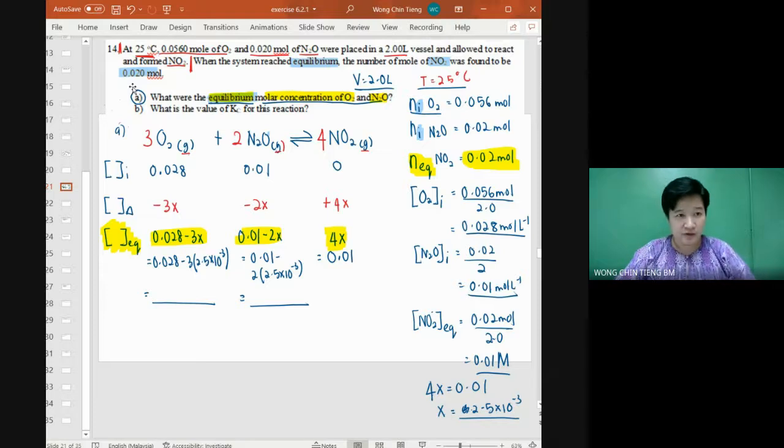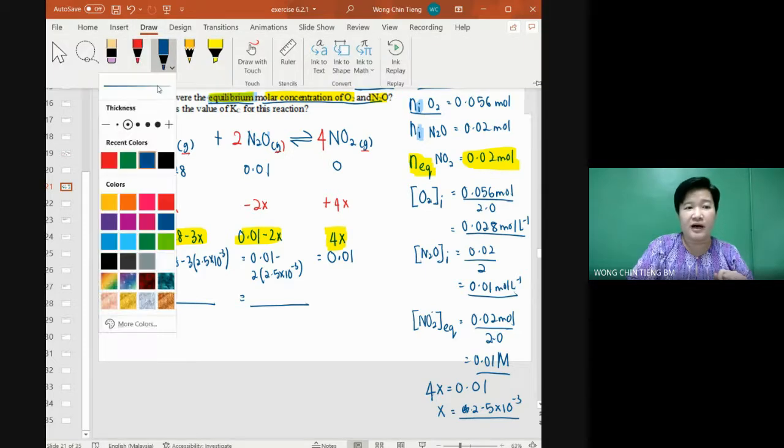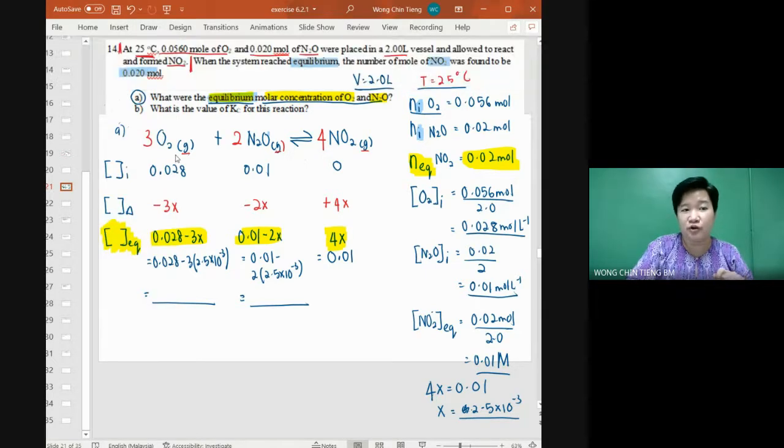Okay, so when you have the molar concentration, as usual no answer given, we are going to have the answer already. When you have the answer already, I believe you proceed to your next question. B is to calculate the Kc. Right? And I think the biggest problem in your B over here is your Kc value requires big powers. We start off with the product, your NO2 to the power of 4.